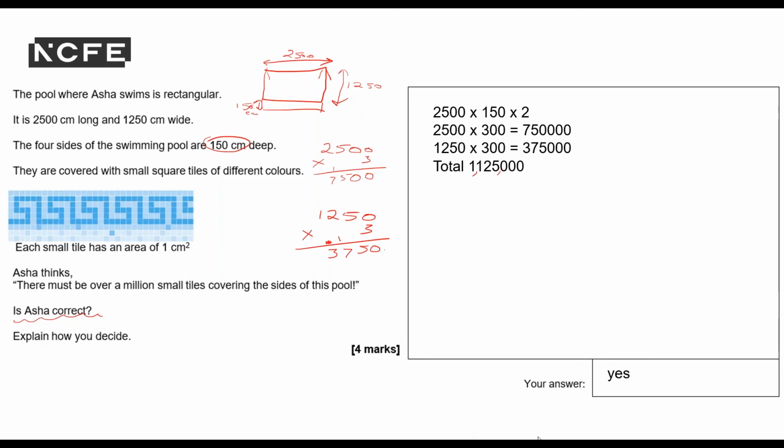However we get to that answer, providing we get our total and can make that same conclusion, then whatever your preferred method of calculating the surface area of the pool, it will be valid. There are a lot of different ways that you can find the same answer.